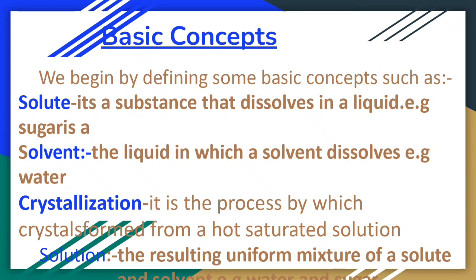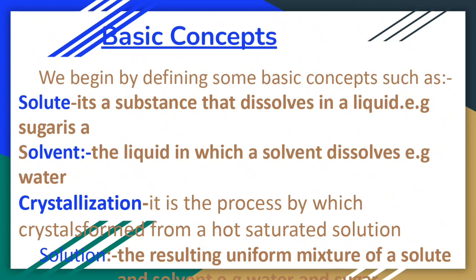The moment they mix together and form a homogeneous solution, then that is a solution. Solutions can either be homogeneous, that is uniform, like a solution of sugar and water, or they may not be uniform. But let's just know a solution is a mixture of a solvent and a solute.